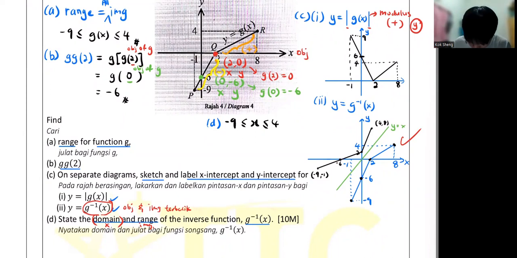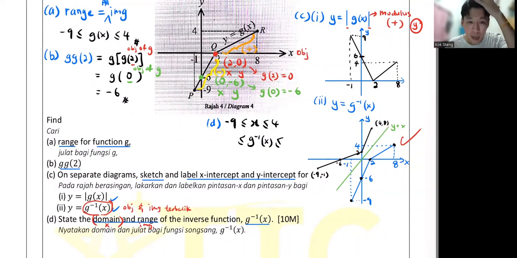That's the domain. And last one, your range. All the image, look at the y-axis. From the smallest, negative 1, all the way to the biggest, 8.